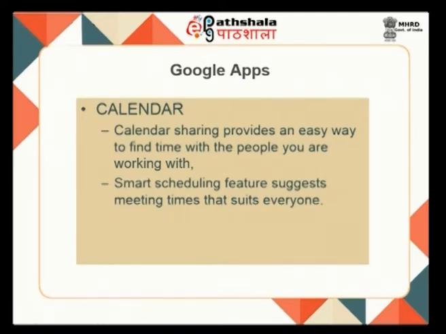So, Google Calendar is an app which is typically used for collaborative meetings and scheduling of such meetings, where multiple people can access the calendar and put their schedules, and accordingly the app finds a suitable time for a common meeting, and such facilities are given.